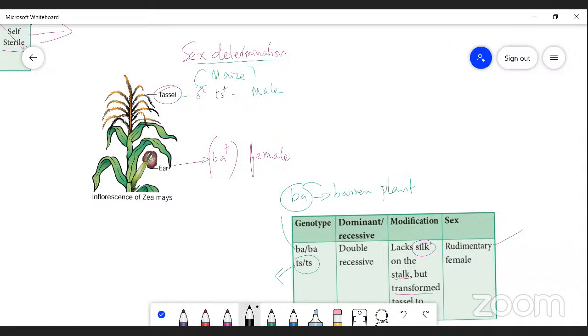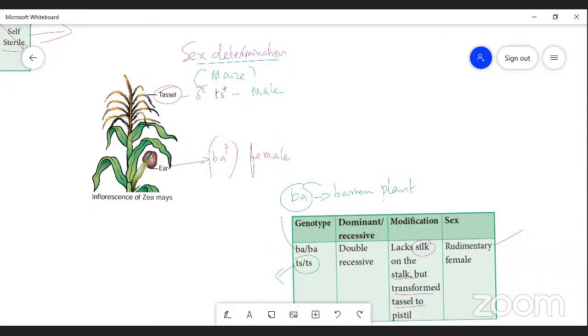TS plus. Why does it determine the maleness plant? The plus always indicates a dominant character. Very good. But what about the female? Femaleness is determined by BA plus. Very good.